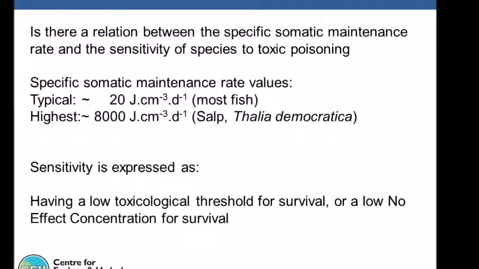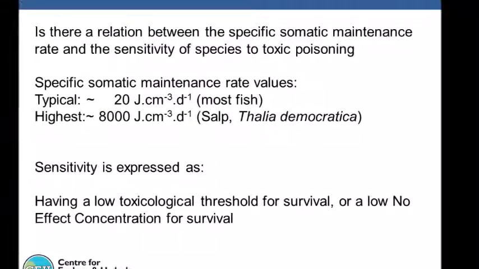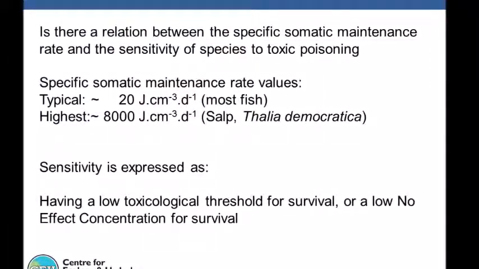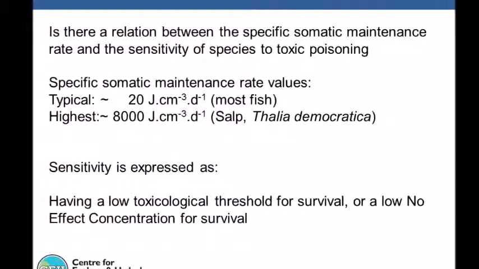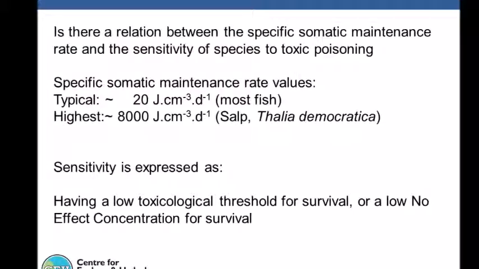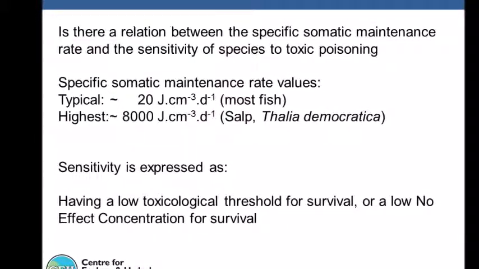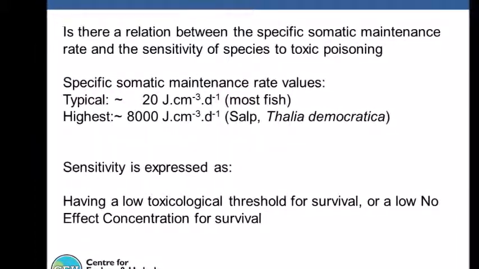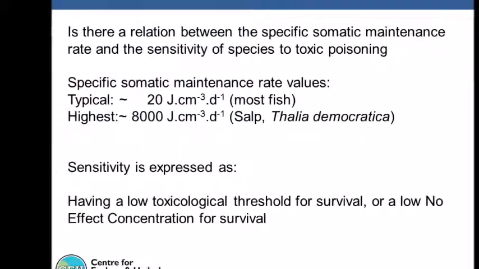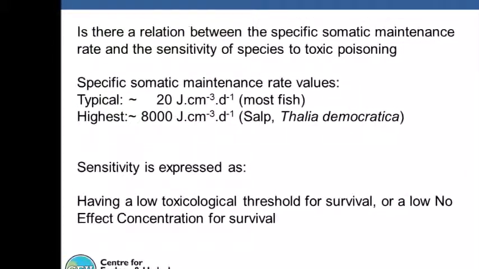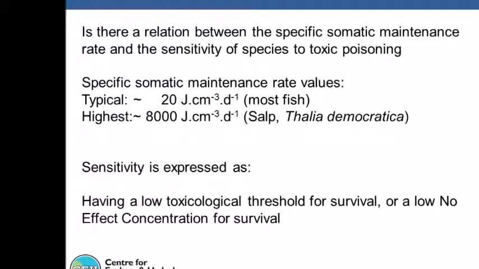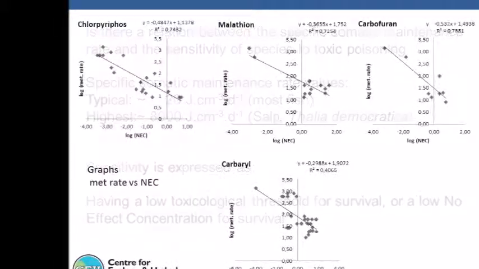Basically this is the amount of energy that an organism needs to keep 1 cubic centimeter of itself going for 1 day. So we expressed the sensitivity as having a low toxicological threshold for survival, or a low no effect concentration, and we used these different values for the maintenance rate to see what comes out.